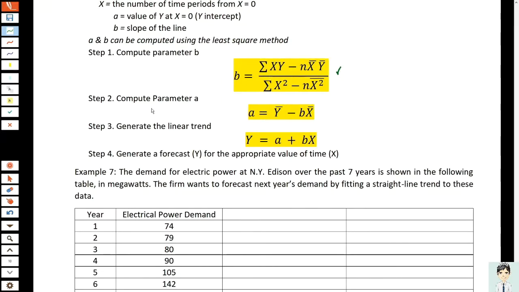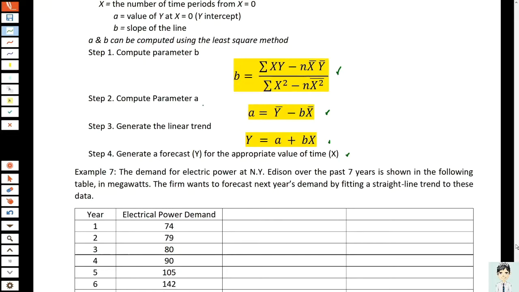And then for the parameter A or the slope, we have this one. Then we can now generate the linear trend using the parameter B or the y-intercept and the slope. Okay po. Then we can now generate the forecast Y for the appropriate value of time X. Okay po. So we have 4 steps here.